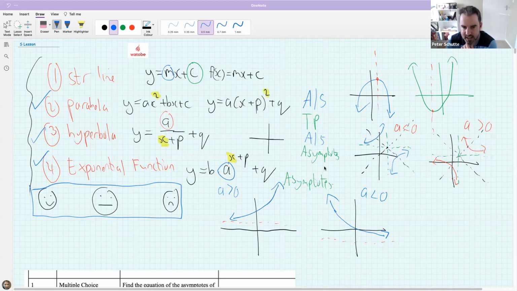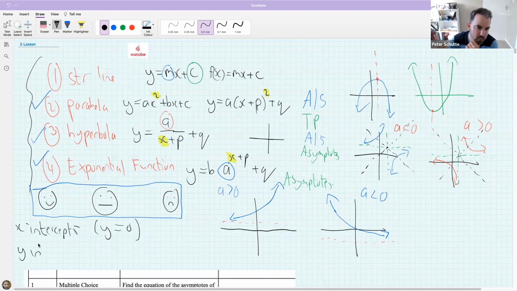Is there anything else I want to tell you about? In order to do functions, you need to be able to find the intercepts. So how do I find the x-intercepts of any function here? You are going to make y equal to 0.